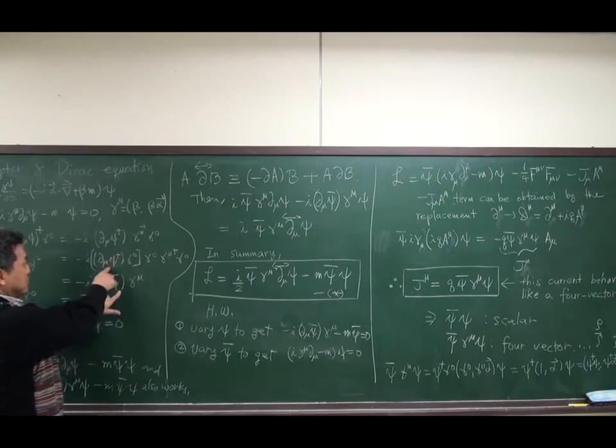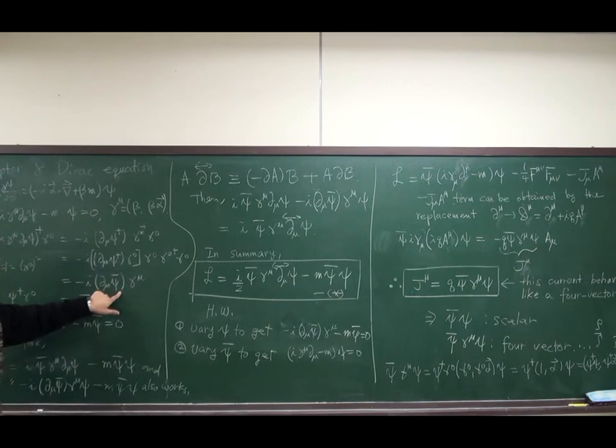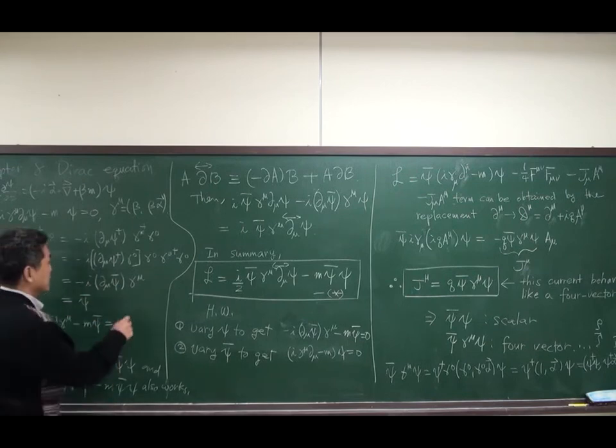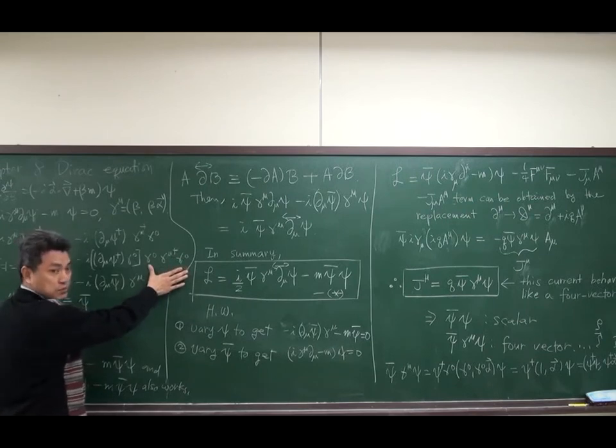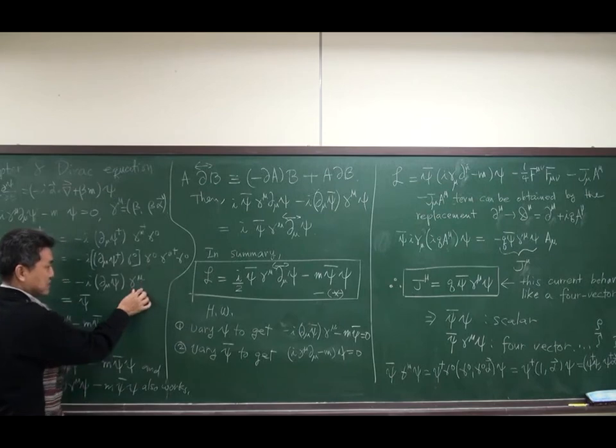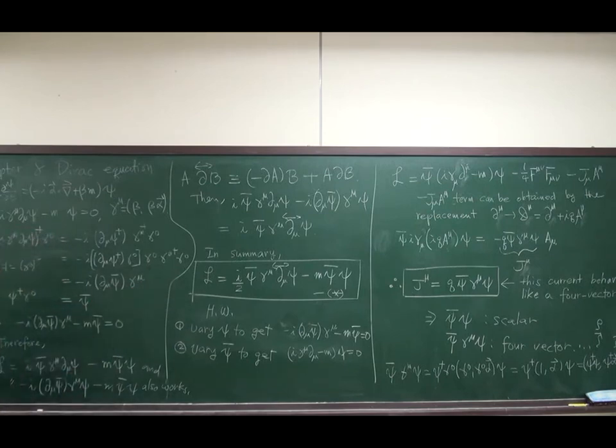After taking the derivative, we can multiply gamma 0, but before taking the derivative, you can multiply gamma 0 to make psi bar. And gamma 0 gamma mu dagger gamma 0, we have homework to prove this one is exactly the same as gamma mu. Okay. And this one, if I transform this psi with dagger and gamma 0, it is by definition psi bar.